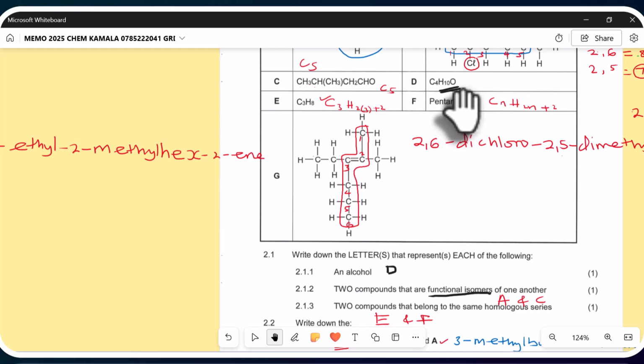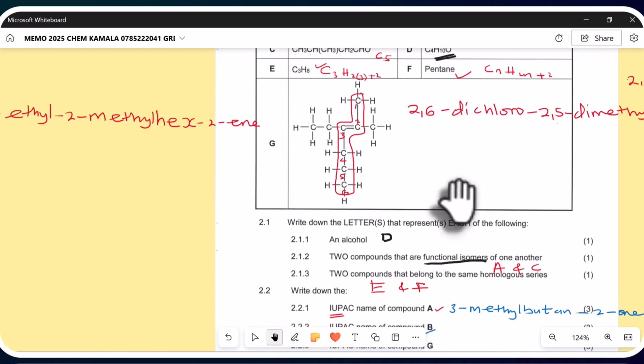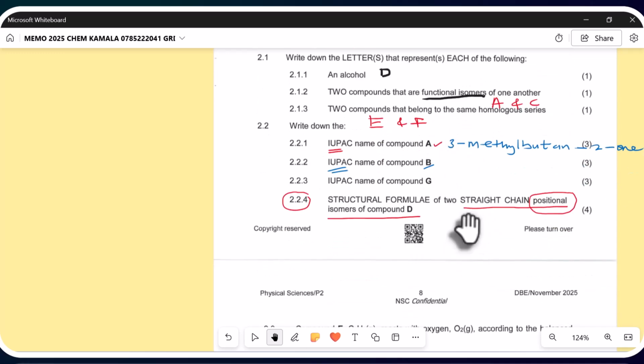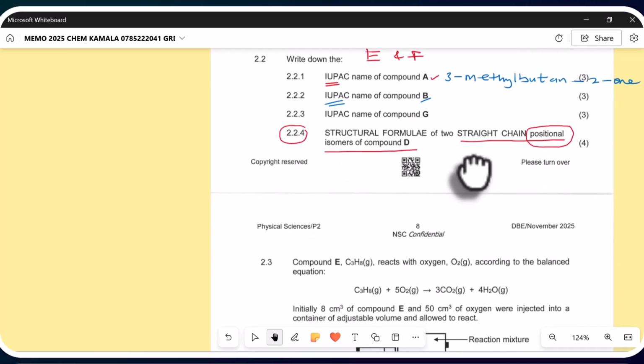I can put the OH on carbon number 1, and on the other one, I can put the OH on carbon number 2, and then I put the hydrogen atoms. These are the 2 straight chain positional isomers of this alcohol, and that's what they wanted.